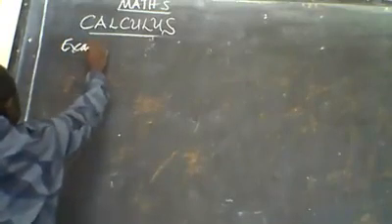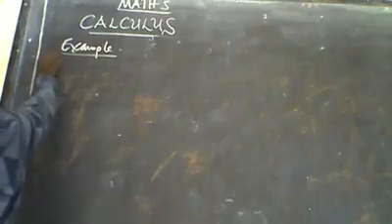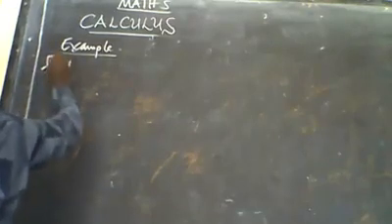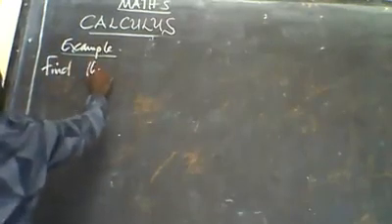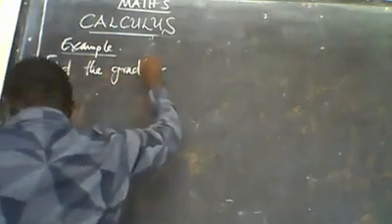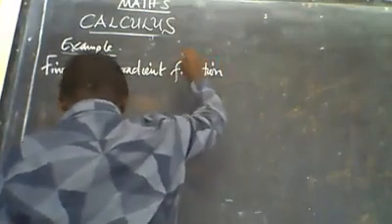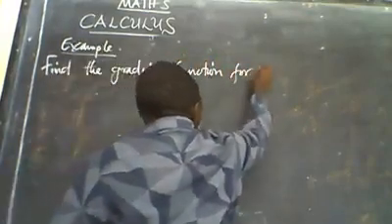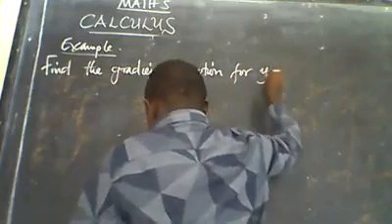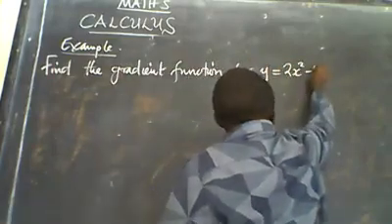Well, the first one. Example: find the gradient function for y is equal to 2x squared minus 3.